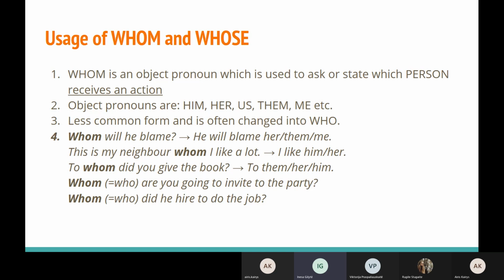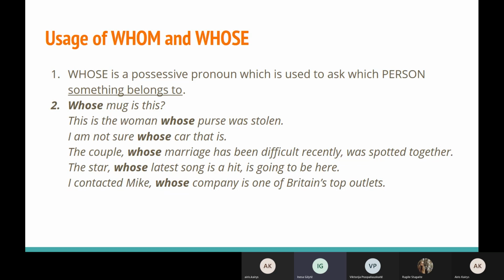Now, if we talk about whose, which is in the second slide, it is a possessive pronoun, which is used to ask again which person something belongs to. So as you can see in the examples, whose mug is this? It means to what person this mug belongs.